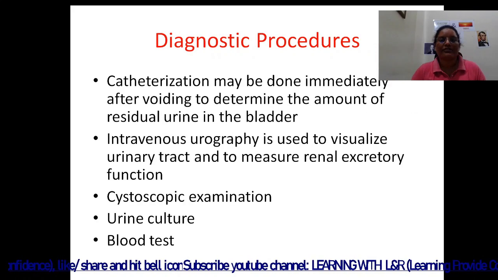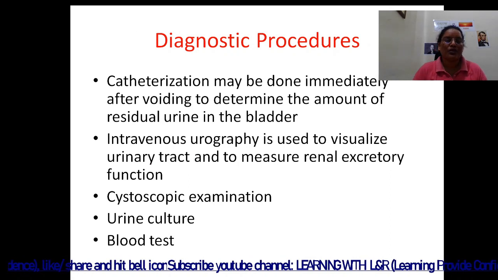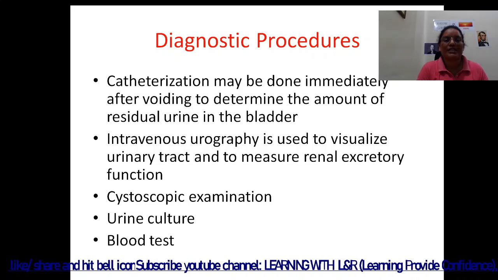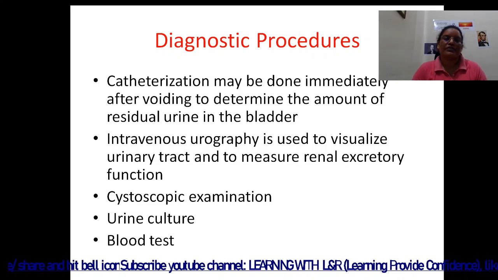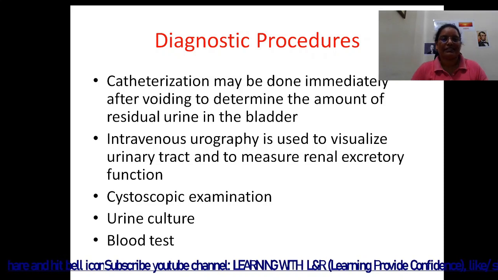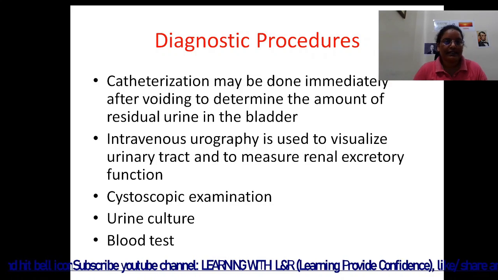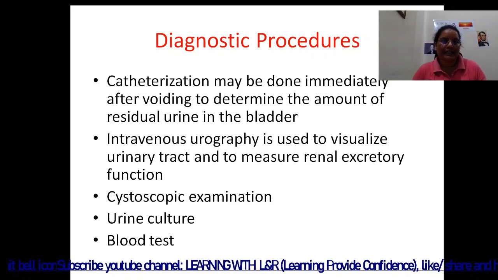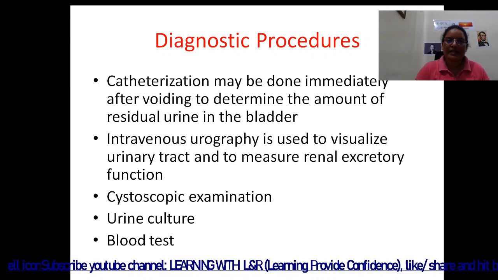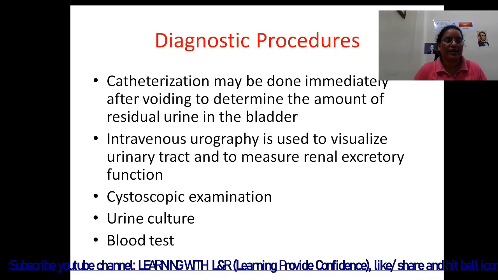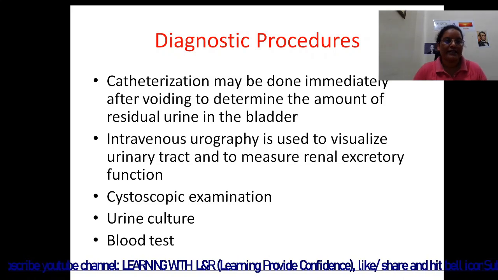Then the next is diagnostic procedure. How do we know about a problem such as obstructive uropathy? First of all, catheterization. When the child has finished voiding, immediately catheterize the baby so that you can know the amount of residual urine in the bladder.